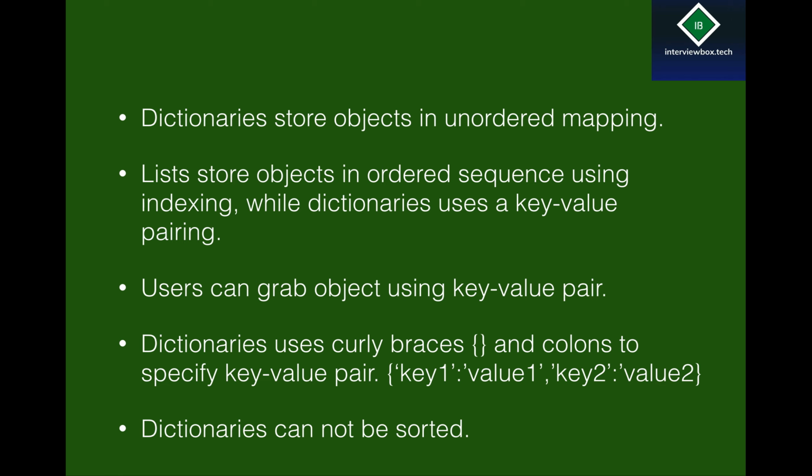Second is key 2 colon value 2. And dictionaries cannot be sorted, as I already mentioned that it's an unordered collection of objects, so you cannot sort them. So let's go to PyCharm and we will execute some commands to learn more about the dictionary.